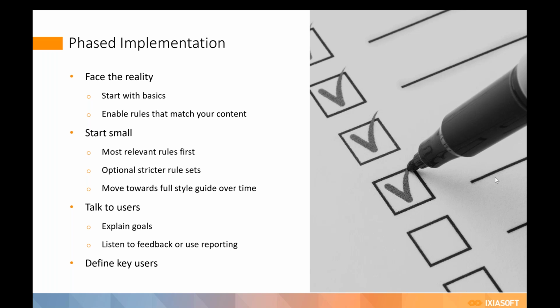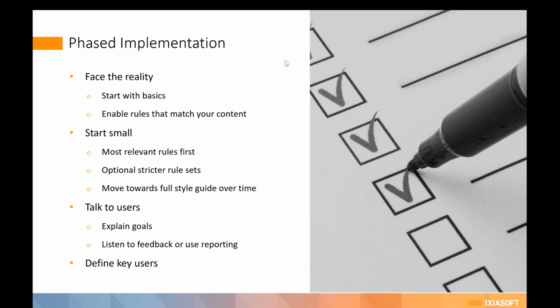Okay, I already motivated the talk to the users aspect on the last slide. Explain your goals, because it creates user acceptance and people start to work towards your goal together with you. A very important thing is to listen to your feedback, especially regarding the rule set. Of course, your style guide lists a lot of messages, and of course all your content should be created according to your style guide already because you defined it.